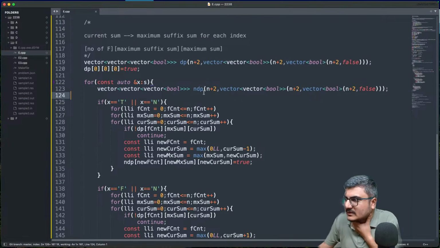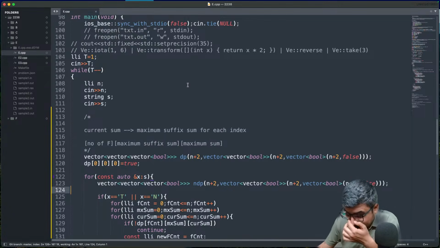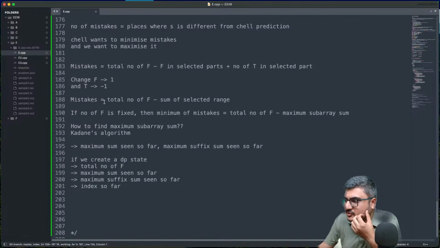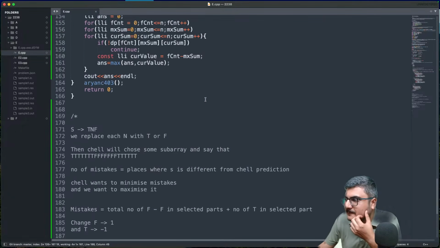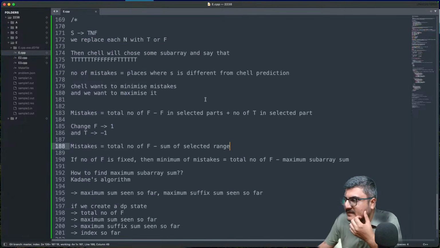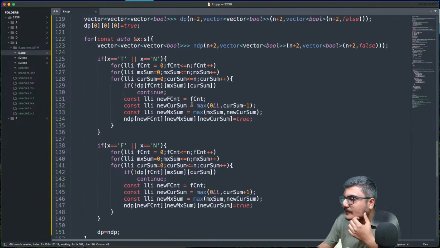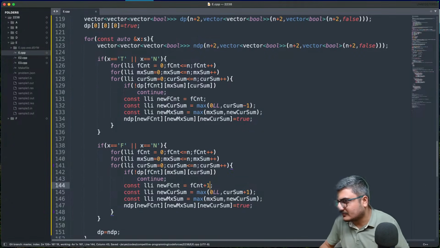Okay, 1 second. Let me see why it's not working. Our algorithm is total number of f minus sum of the selected range. Sum of the selected range is f turns 1, t turns -1. Okay, here we have to even increase the count of the f, right?